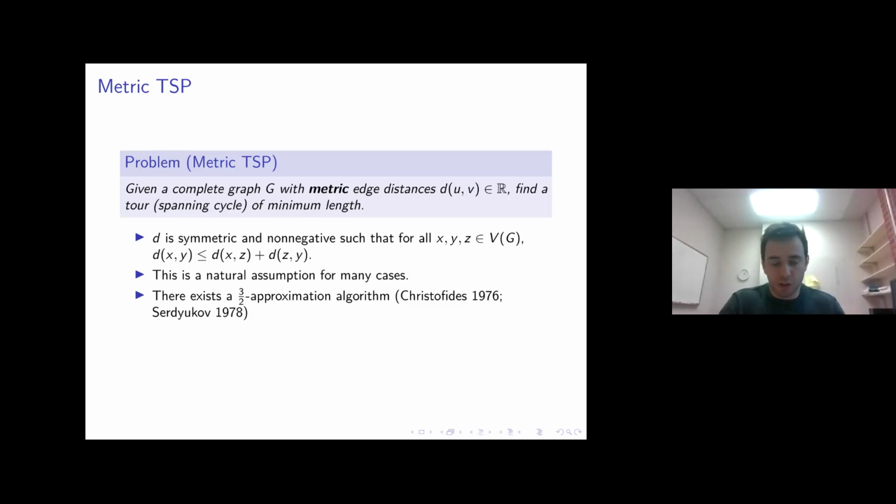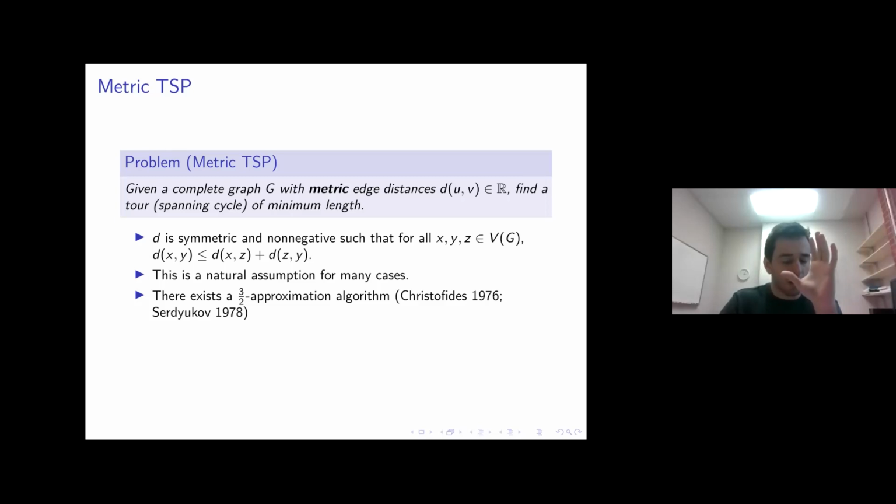And just assuming the distance is a metric gives a very nice 3/2 approximation algorithm by Christofides, and independently by Serdyukov, in 1978. The independence is due to the Iron Curtain at the time.